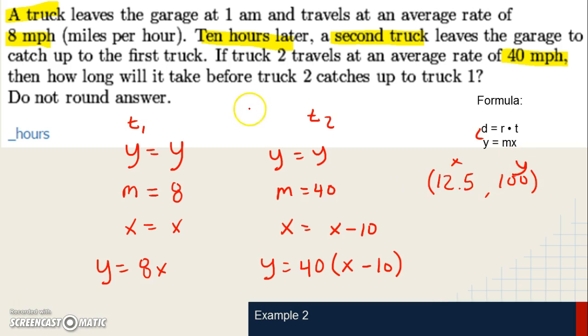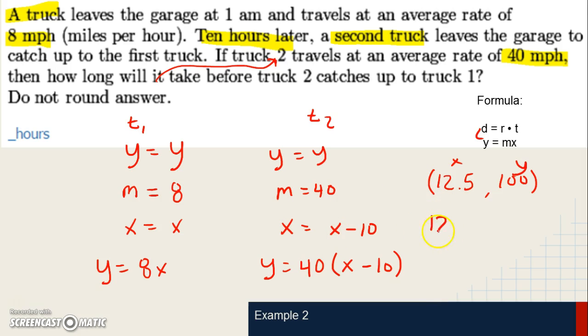So let's go ahead and put that back into the context of the problem. X represents the time. Well, whose time do we want? If truck 2 travels 40 miles an hour, then how long will it take? So we're looking for truck 2's time. Here's the equation for truck 2. Here's time. Time is 12.5.